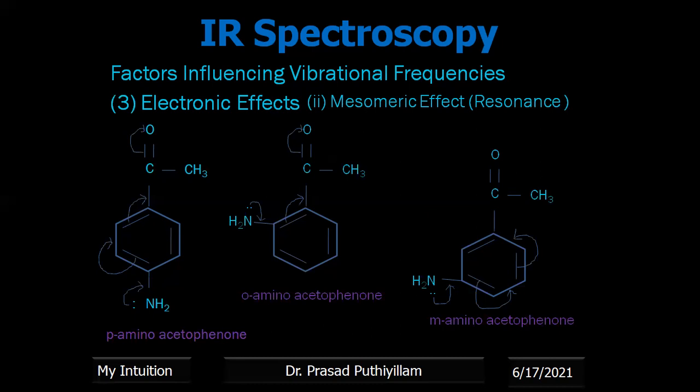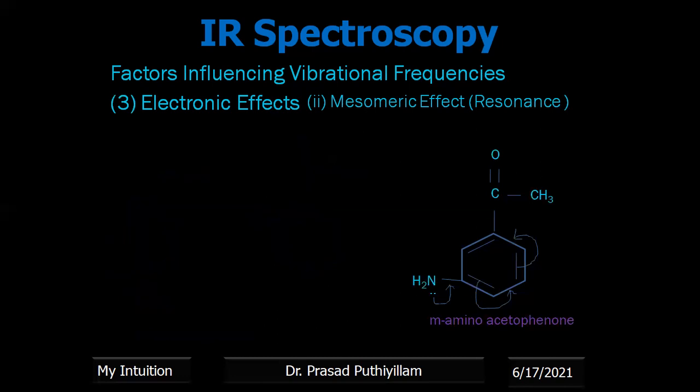So the pi electrons movement, the lone pair of electrons goes to the benzene ring. In the benzene ring, the pi electrons also participate in resonance, because electrons are coming near, therefore electron movement takes place. And that electron movement is there within this benzene ring. It will not affect. Okay, so here it forms a double bond, but here it is a single bond.